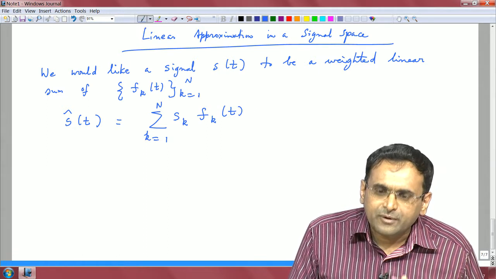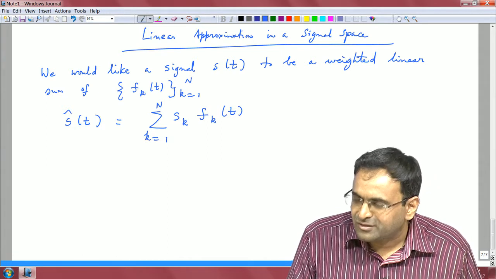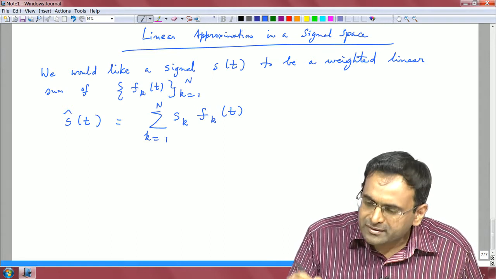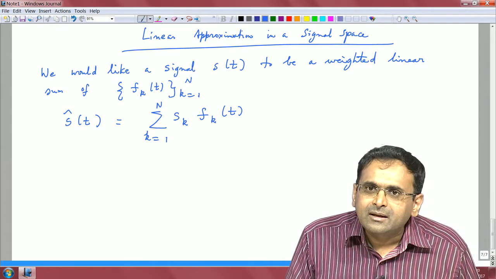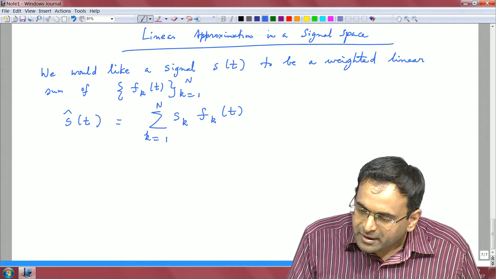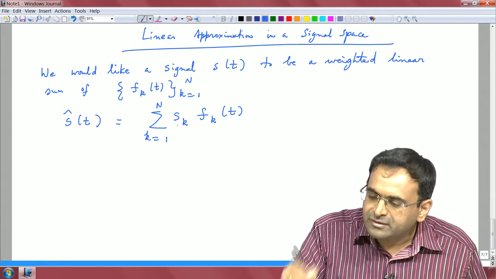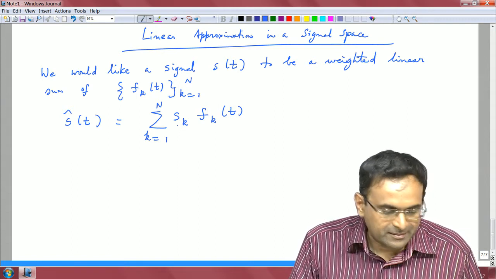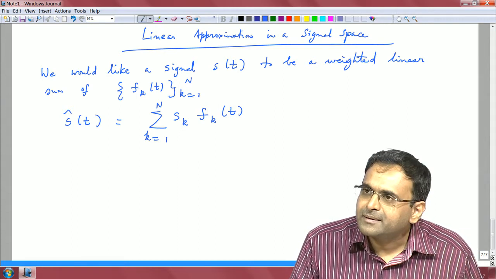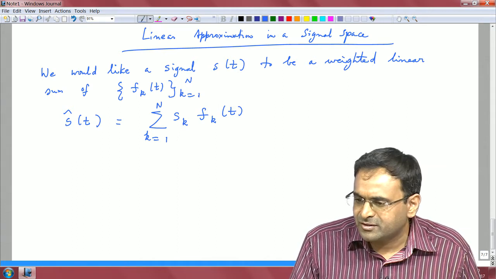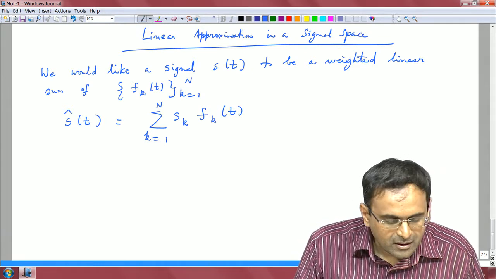So, as I said, the question is how can we do this? What is the basis Fk of t? How do we choose the basis Fk of t, right, and what should be these components Sk, right. So, this is one of the questions that we get.